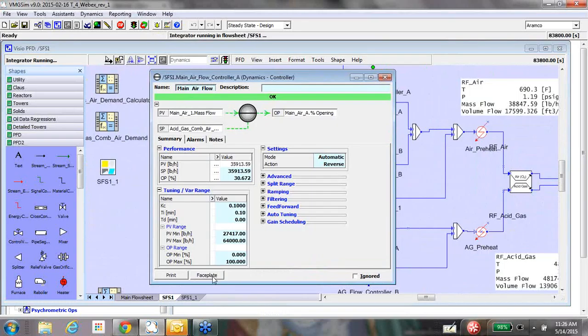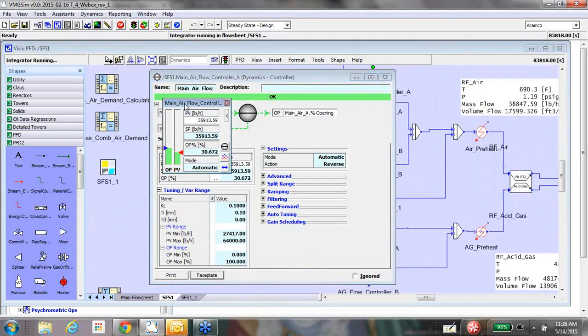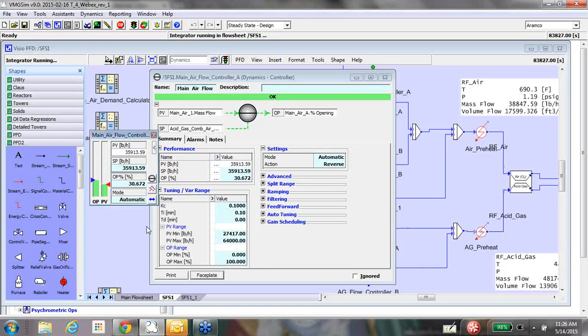This is a typical faceplate, so it looks similar or very close to DeltaV what we see on DCS control panels. So while you make any changes, these things also represent how those changes behave and reflect over here. So it's really a familiar term for plant operators as well.